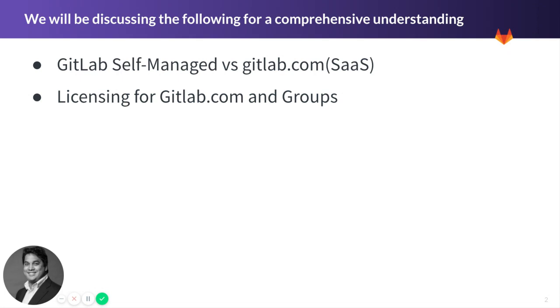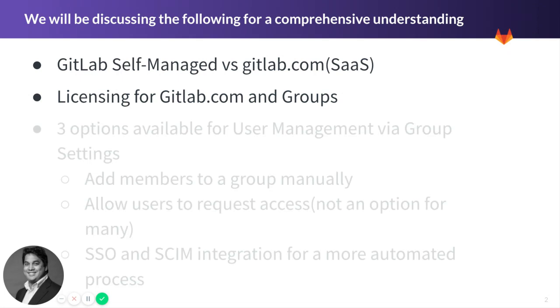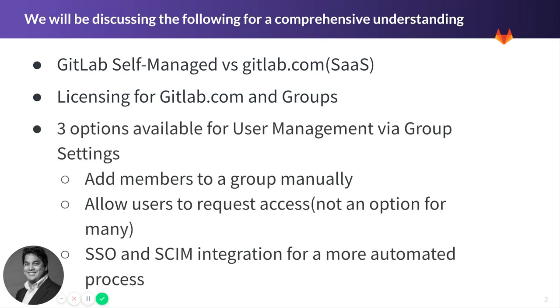We need to quickly talk about licensing for GitLab.com and then groups, because what allows user management on GitLab.com are groups. And then finally, we're going to talk about three options available for user management via group settings. So let's get started.